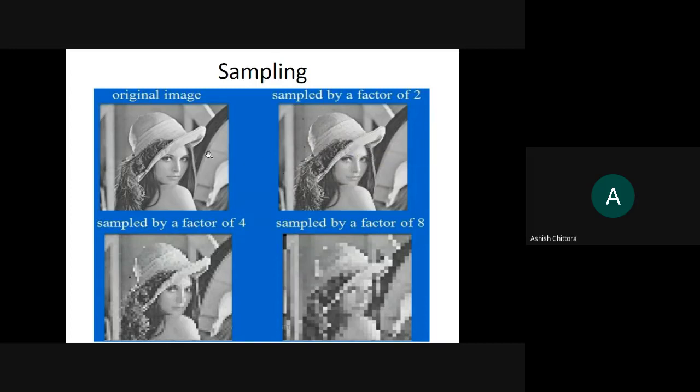Then we will have only a factor of 2 of the information. If we display it on the same display of size 256 cross 256, we have to repeat the intensities. So every 2 pixels will have the same intensity in that case.